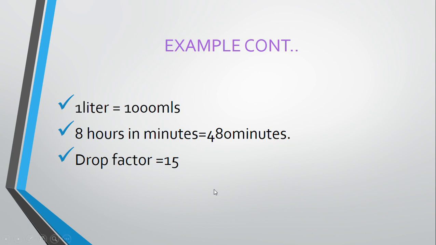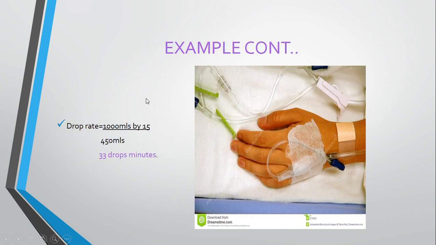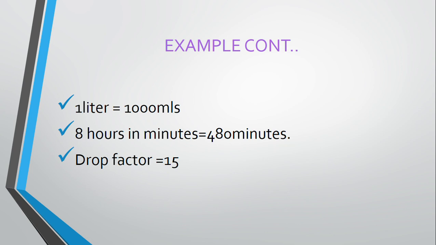We said the volume should be in mls. So when the volume has been ordered in liters, it has to be converted to mls. 1 liter is equal to 1000 mls.